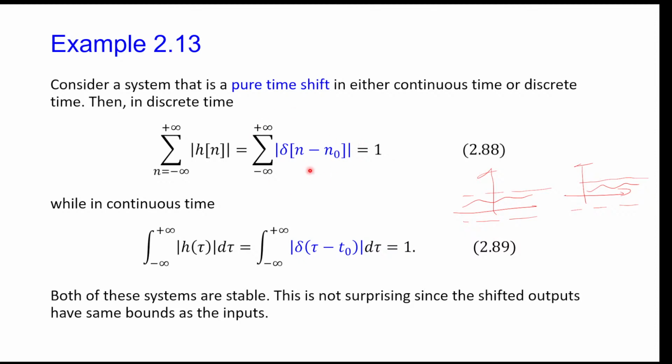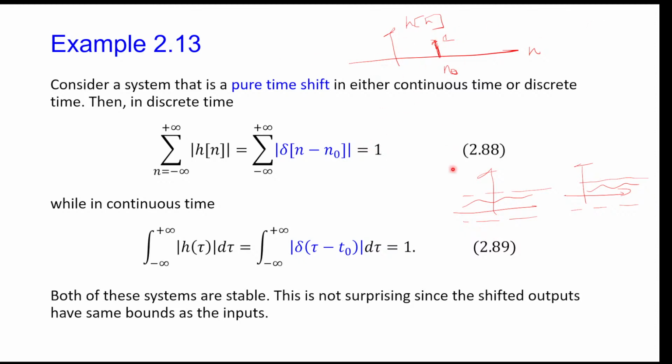Okay, I guess I'll draw this to make it a bit more clear. So this is h of n for this time shift: at n0 you have 1, and it's 0 everywhere else. So when you sum over everything, you just get this 1 here.